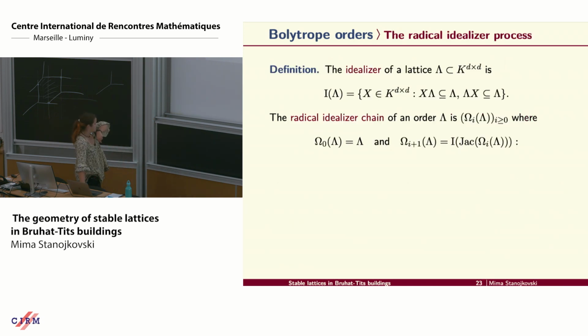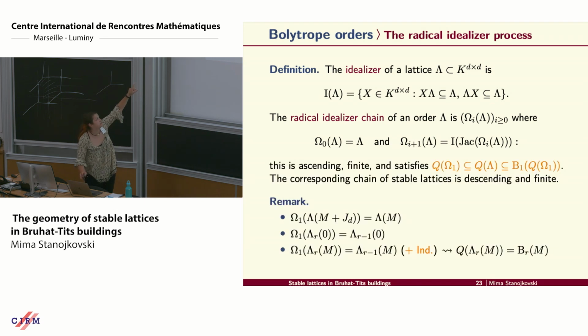And since I want to be able to talk very quickly about a project with codes related to this before my time is over, let me just mention the technique that we used to prove this last result. It is called the radical idealizer process. It starts from your order, takes the Jacobson radical and then the idealizer of it, so the largest ring in which this is an ideal, and then it keeps going.